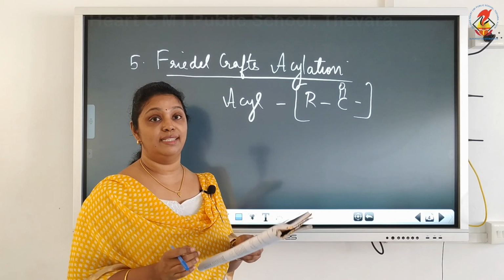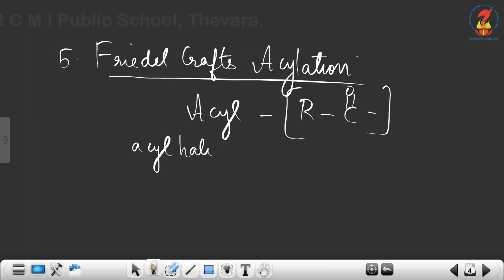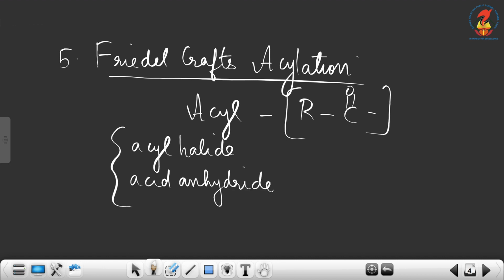The reaction of benzene with acyl halide or acid anhydride, we can take either acyl halide or acid anhydride, in presence of anhydrous aluminum chloride.